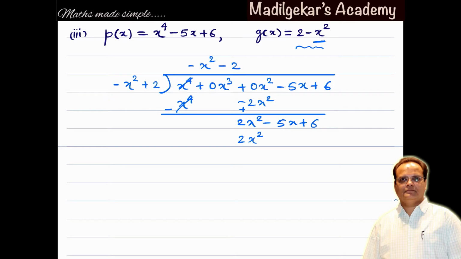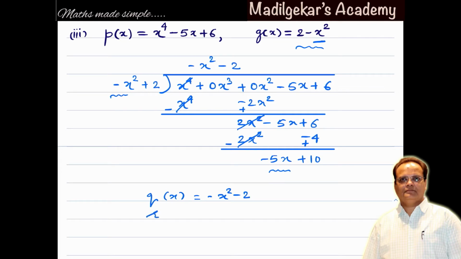Minus 2 into minus x square is 2x square. 2 into minus 2 is minus 4. Change the signs. 2x square gets cancelled. Minus 5x plus 10. Further division process stops as the degree of this new dividend is less than the divisor. So we get the quotient as minus x square minus 2 and the remainder as minus 5x plus 10.